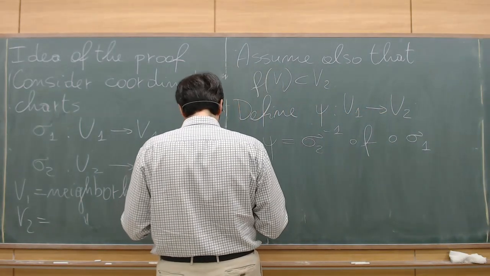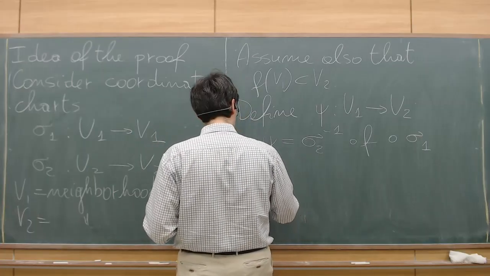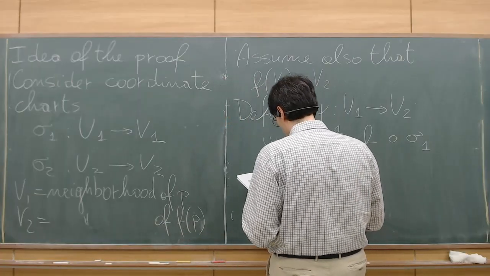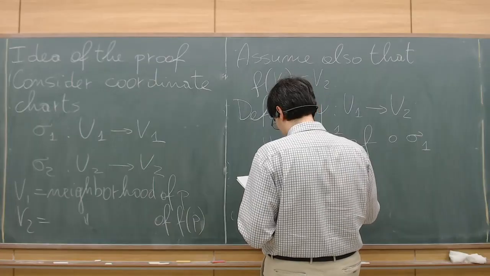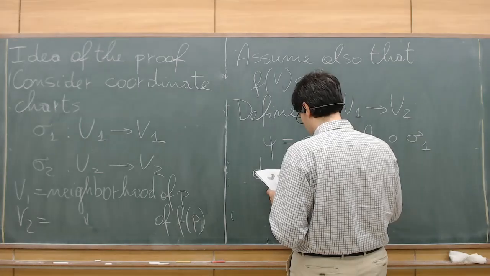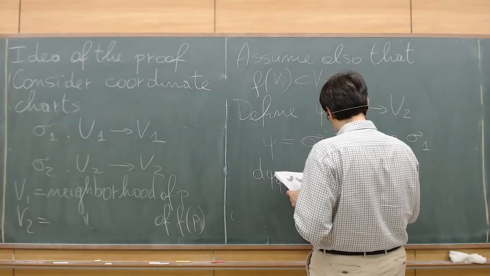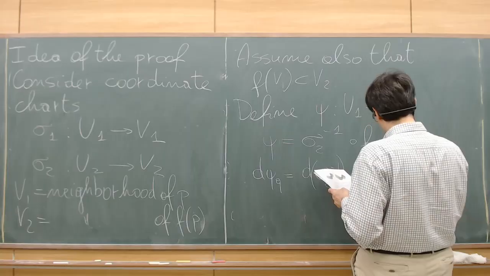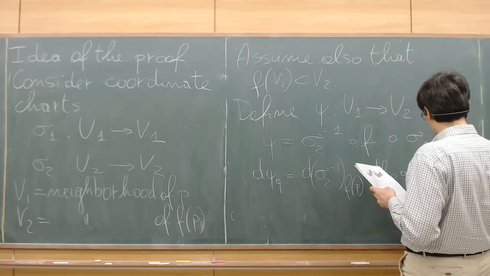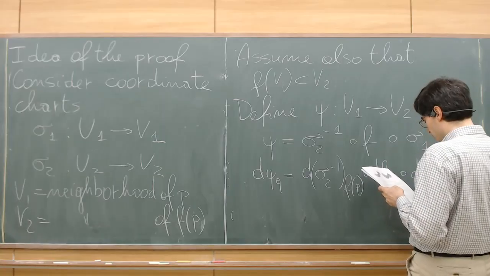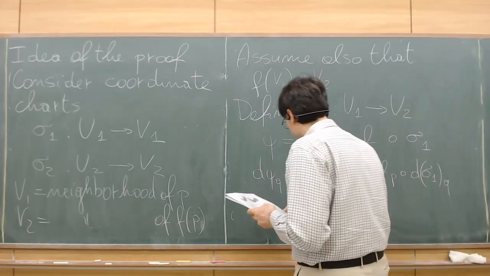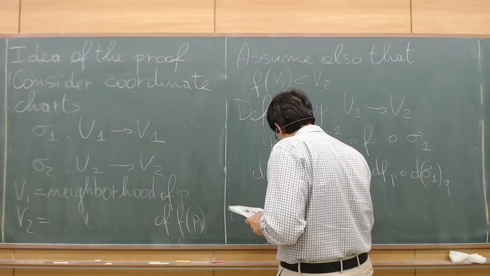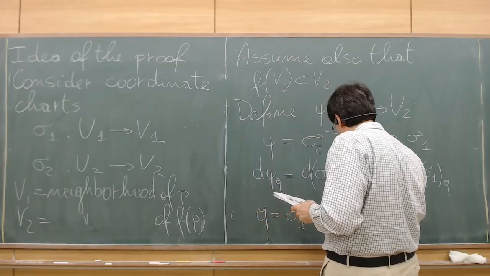Observe also that the differential of this map is equal to the differential of sigma 2 inverse applied at f of p, composed with dfp, composed with d sigma 1 at q, where q is sigma 1 inverse of p in U1.